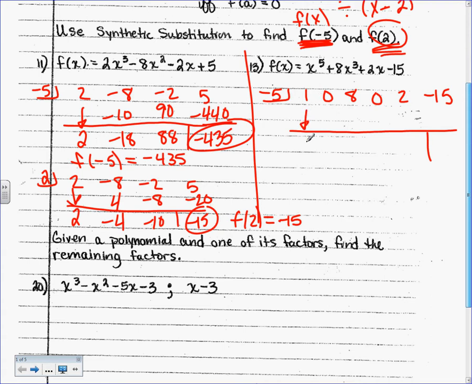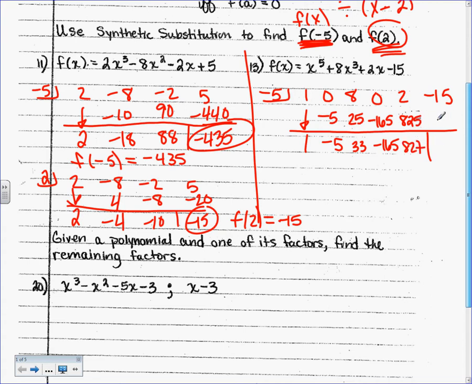All right. Bring down the 1. Multiply. -5. Add. Negative 5. Multiply. Positive 25, right? Add. 33. Multiply. Negative 165. Add. Negative 165. Multiply. 825. You have a calculator right there. Add. 827.